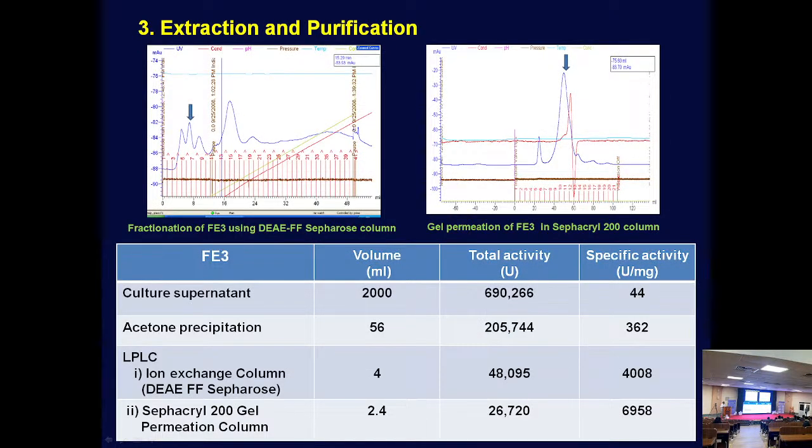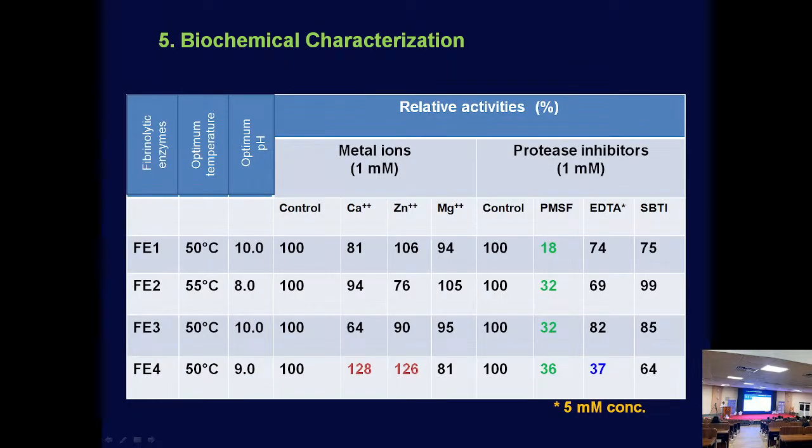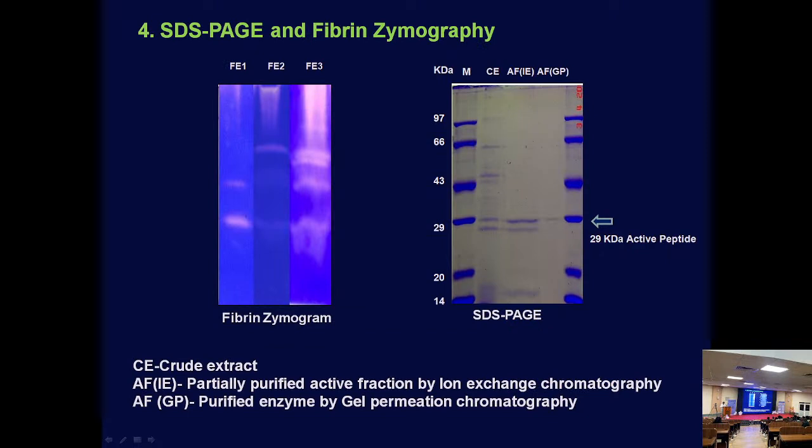So this is how we prepared it, and biochemically characterized it, and then purified it to a specific activity at the level of 6.5. We were able to purify up to the level of a single band.